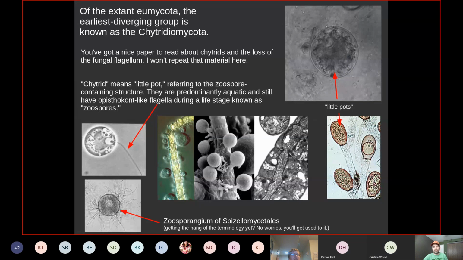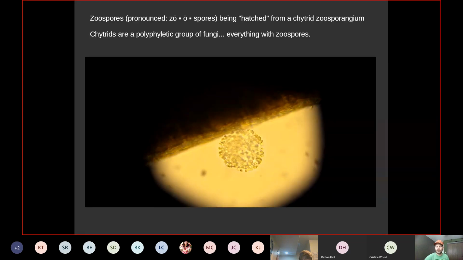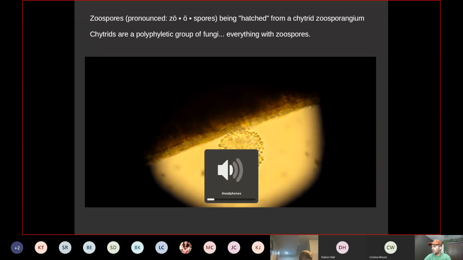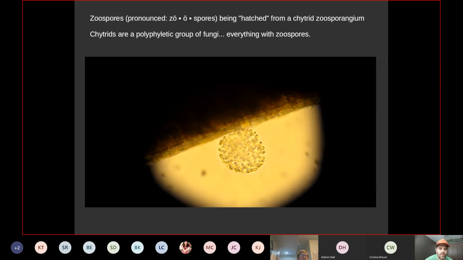All right. So this is a chytrid here. If there's its zoosporangium, it'll actually burst open. And so here's an image showing it bursting open. You can see all the zoospores moving around in the zoosporangium. And then once it bursts open, they're going to just kind of be set loose. And they swim around in their environment, going crazy. Okay.